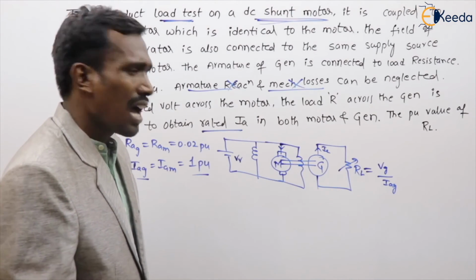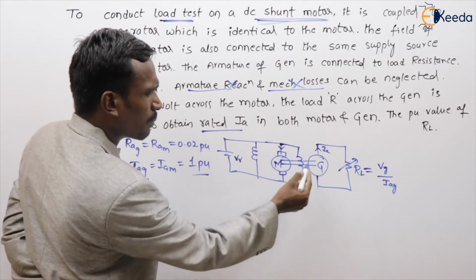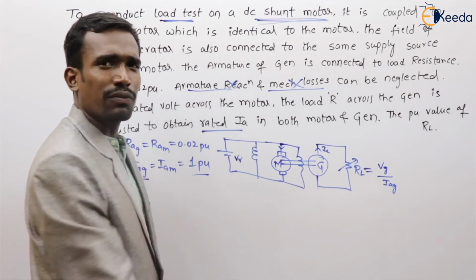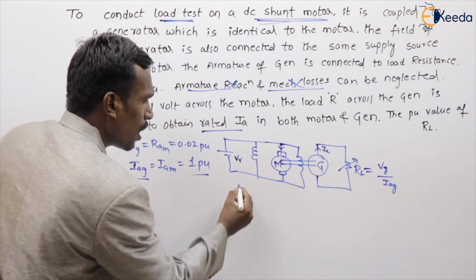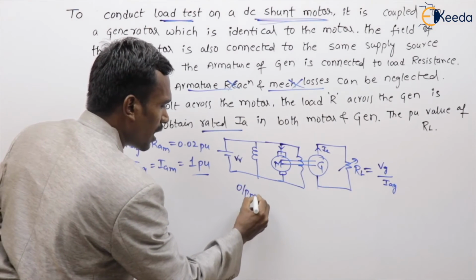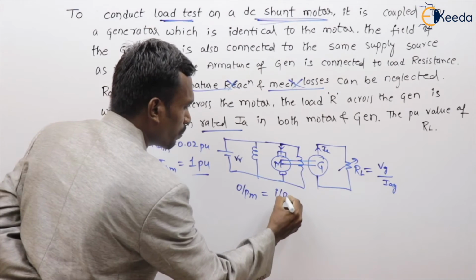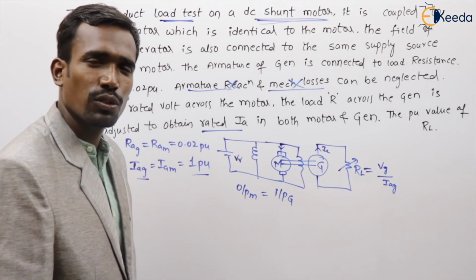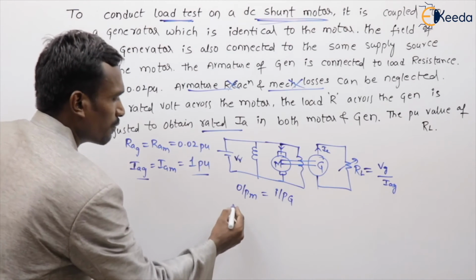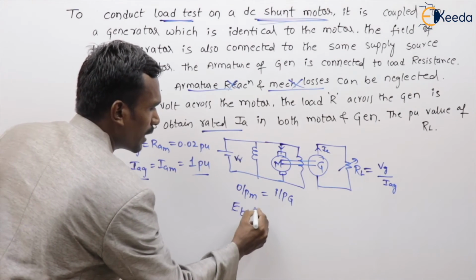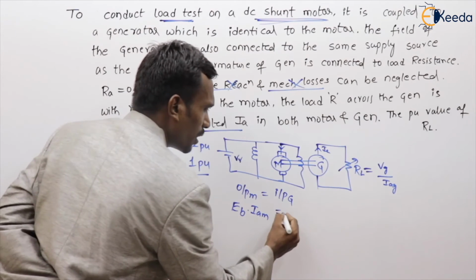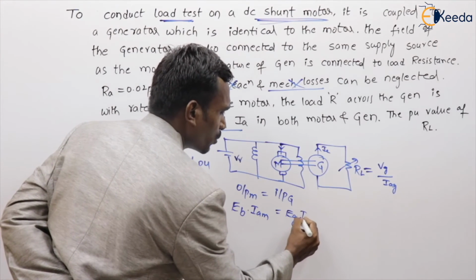Before that, I have to find the output of the motor. Output of the motor is equal to input of the generator. Output of the motor is EB into IA, which is equal to EZ into IA.